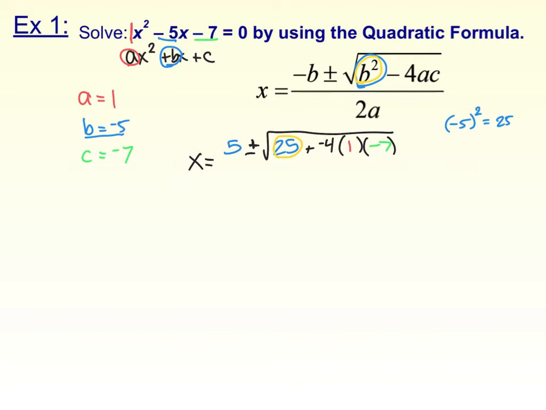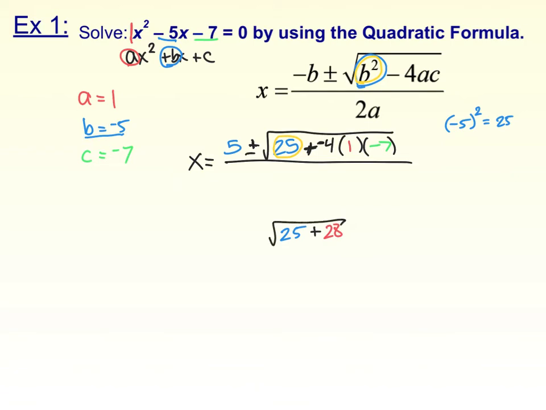All right, the reason why I want this to be plus a negative 4 is now I know I have a negative 4 times a negative 7, which is going to be positive 28. So now I would have 25 plus 28 under that radical. Okay.